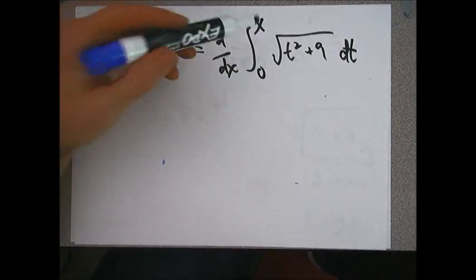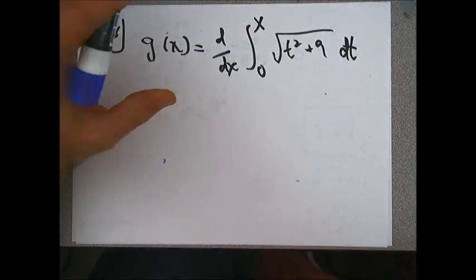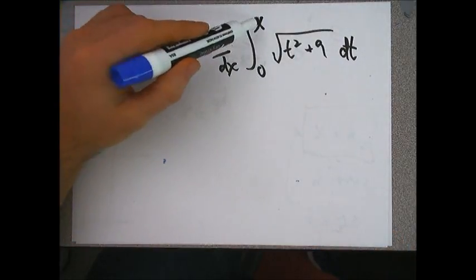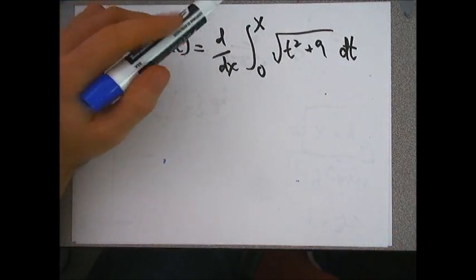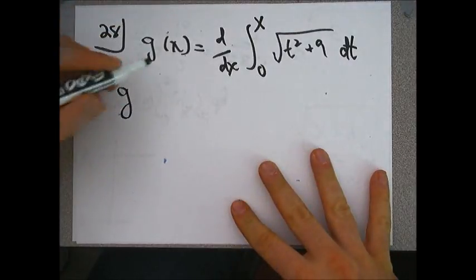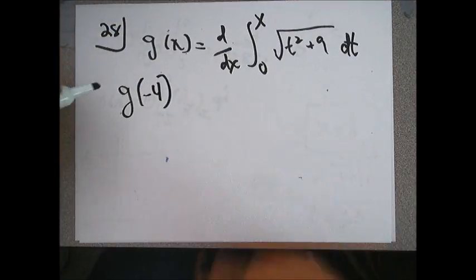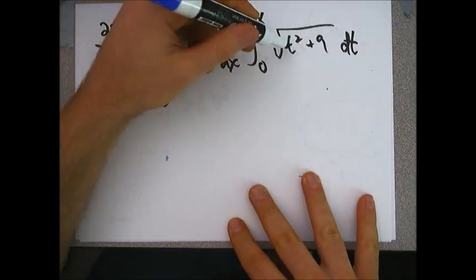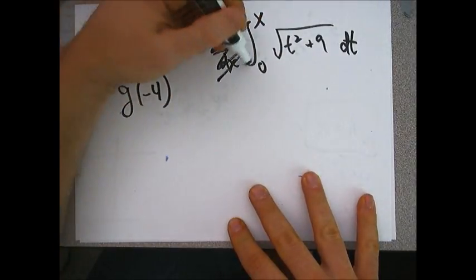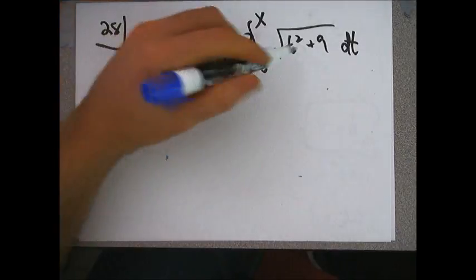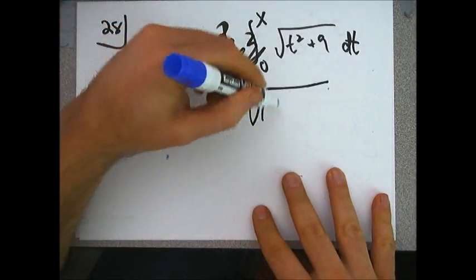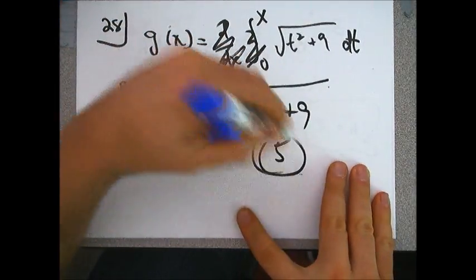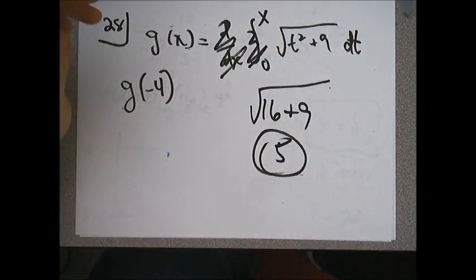Remember, if this was something above x, remember how we did the chain rule thing? So this one's just telling me to do what? It wants me to find g of negative 4. This whole thing is just telling me to plug in negative 4, the derivative and the integral are going to wash. I plug in negative 4. Negative 4 squared is 16, plus 9, 25. All done.